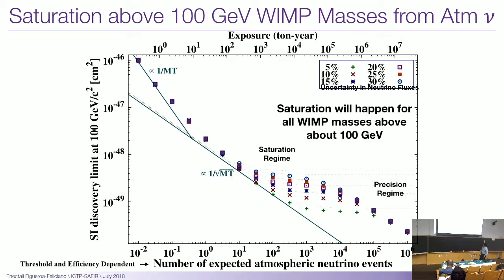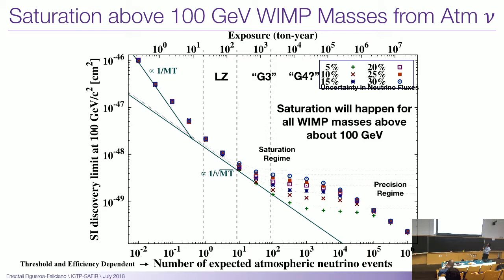And I can plot where LZ is going to be, or where a next generation experiment is going to be. And if you're really ambitious and are thinking about a gajillion kiloton xenon experiment, you could even imagine a G4 line somewhere out there, right? Somewhere over here.